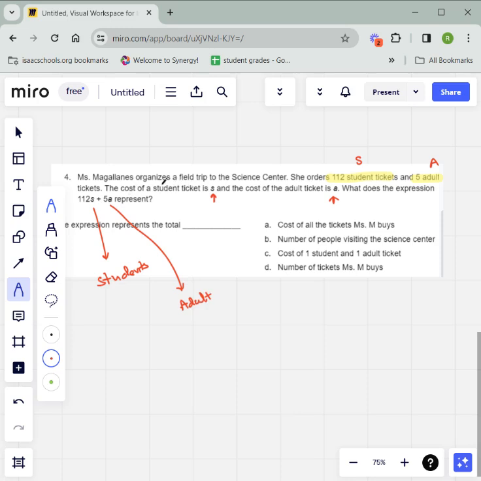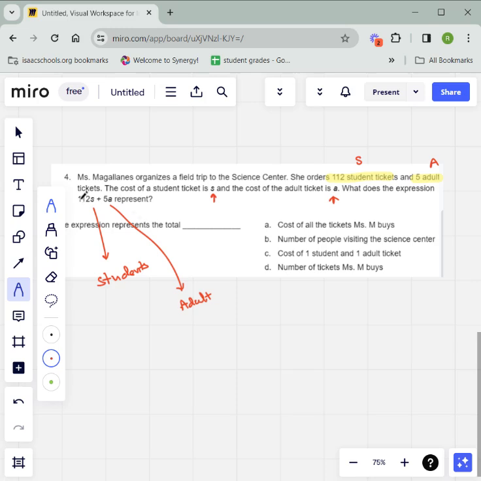Now let's go back and see, they're organizing a field trip. How many student tickets? 112. And then 5 adult tickets. We don't know how much the cost is, but we know that's one, right? S is the cost of the student, and then A is the cost of the adult.